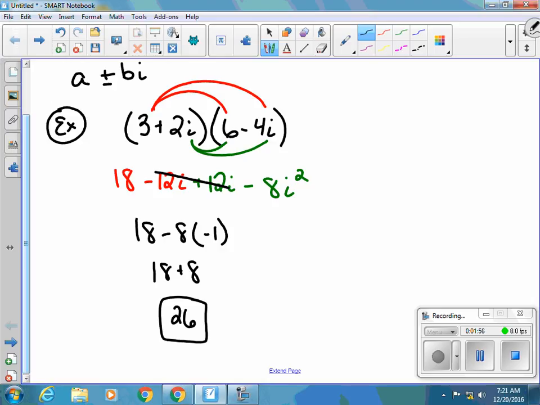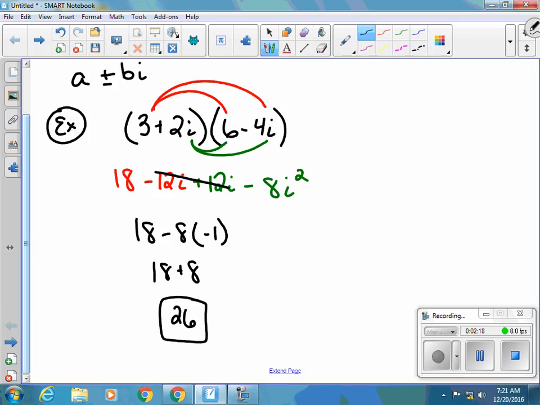Even though it's back there as a negative 8, make sure that you know that it's 8 times negative 1 to give you a plus 8. A lot of people will do 18 minus 8 and then subtract 1. They forget that that's really multiplication there because they see the negative. So that's just something to be cautious about.